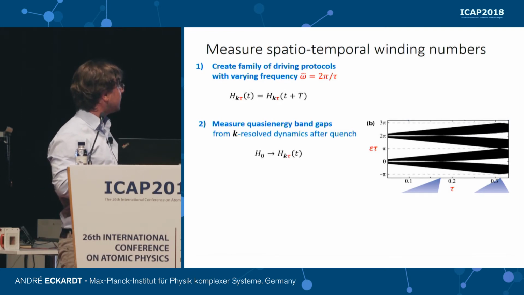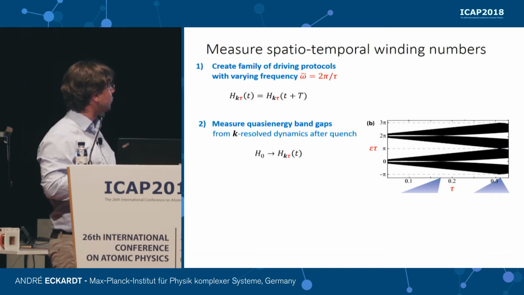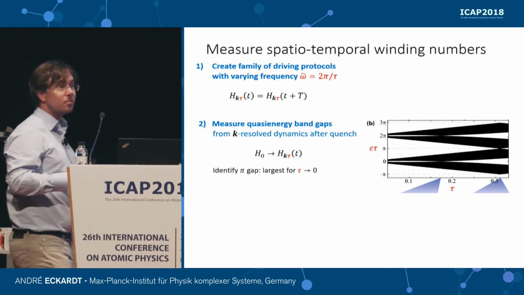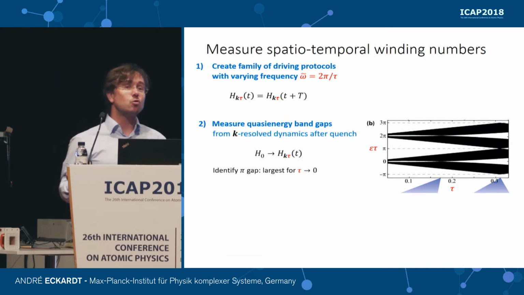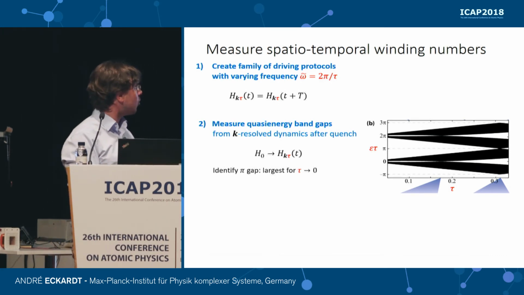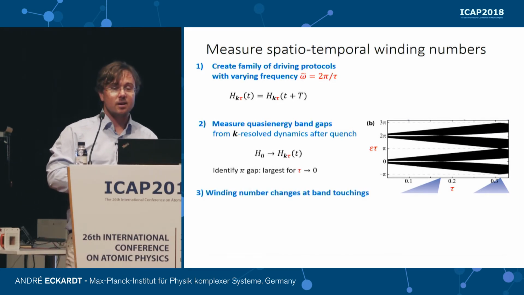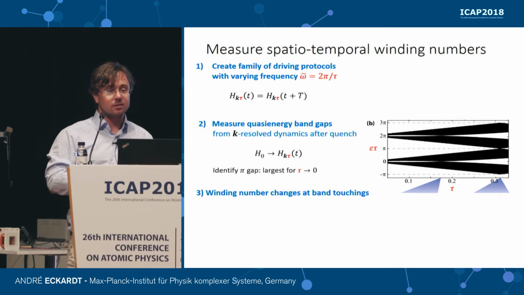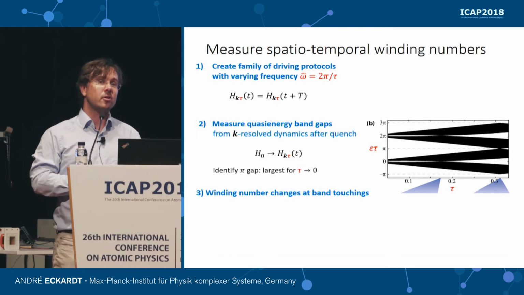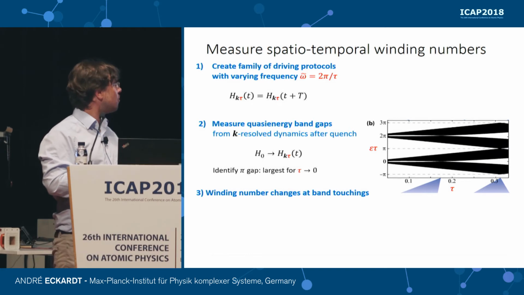So the next thing is you have two band gaps here. You have a pi band gap and you have the 0 band gap, and you know that the pi band gap is the one that gets large when you go to high frequencies, so when you make tau small. So this is why you can really reconstruct the spectrum. Second, one can notice that the winding number changes through band touching points.